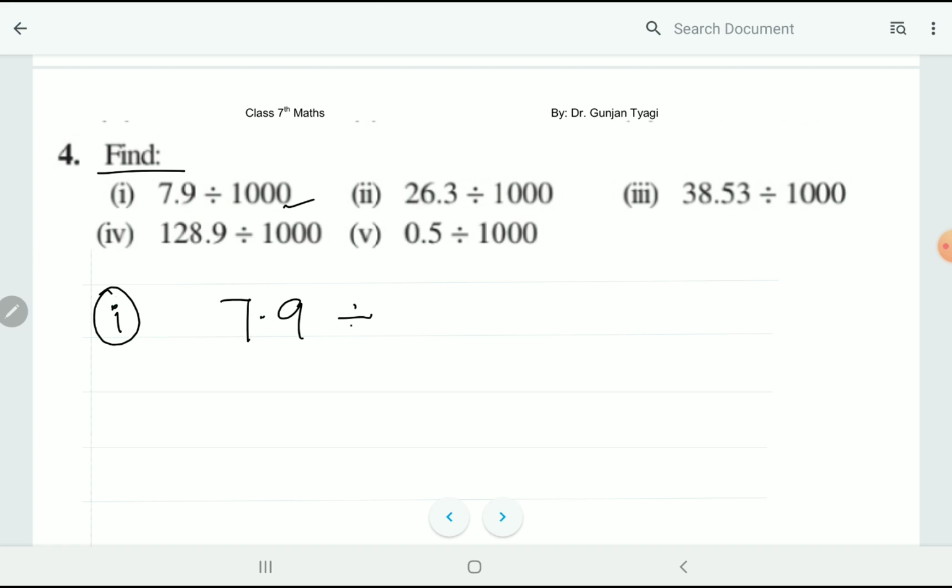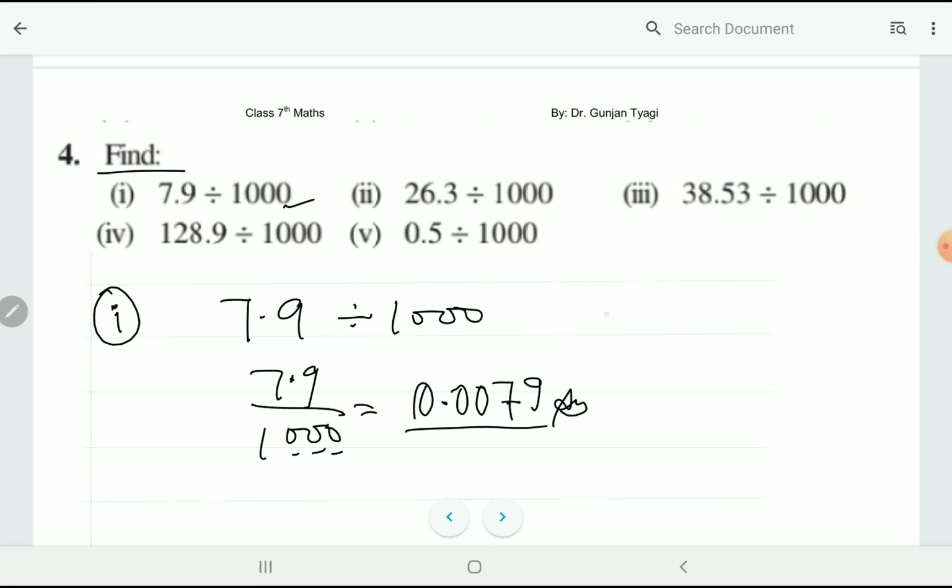7.9 divided by 1000. There are 3 zeros in the thousand over 1. So this time the decimal will shift 3 places toward the left. So 1, 2, 3. This is the answer, 0.0079.